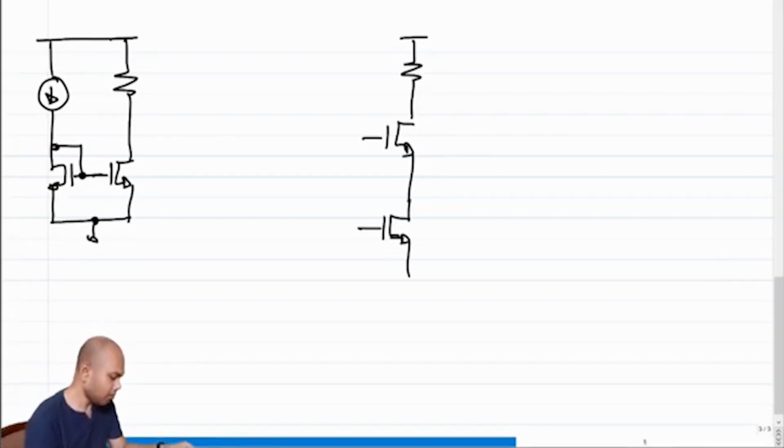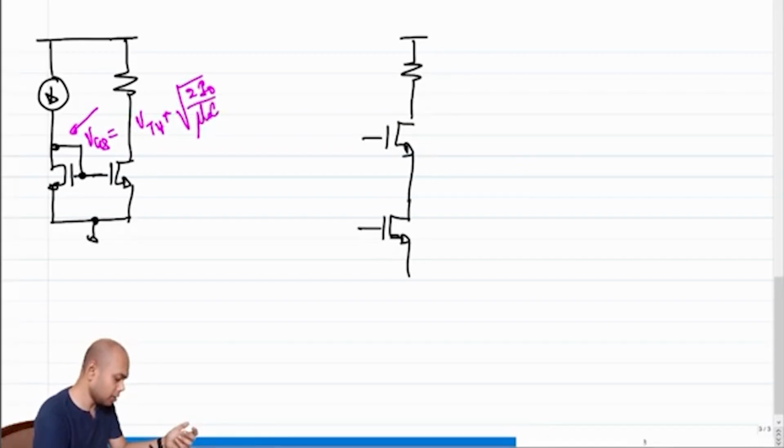Why was it necessary? Note that this voltage here is VGS. VGS is equal to 1 threshold voltage plus the square root of 2 I naught by mu n Cox W over L.